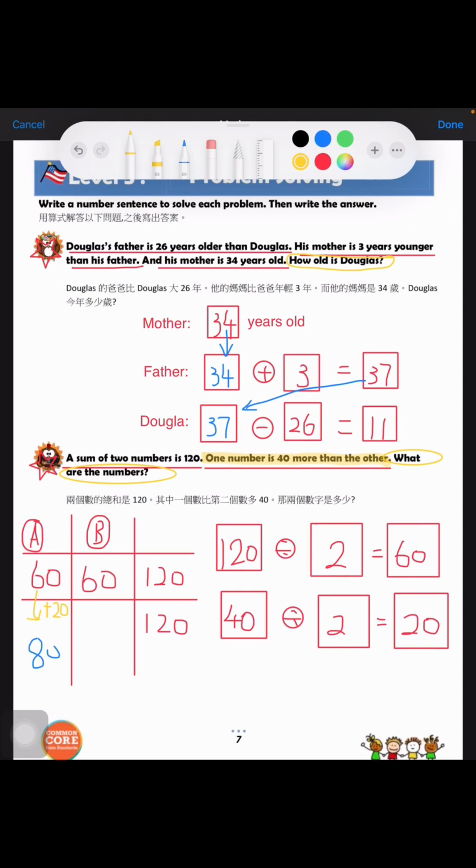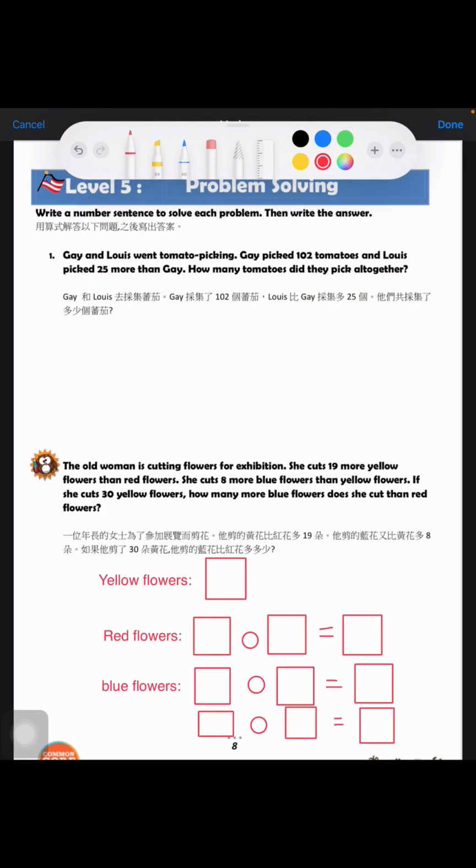And subtract 20 from B, to get 40. So 80 plus 40 equals 120. While at the same time, 80 minus 40 equals 40.